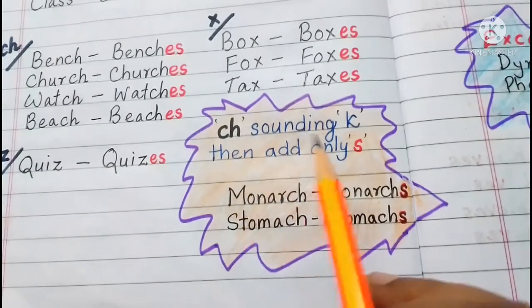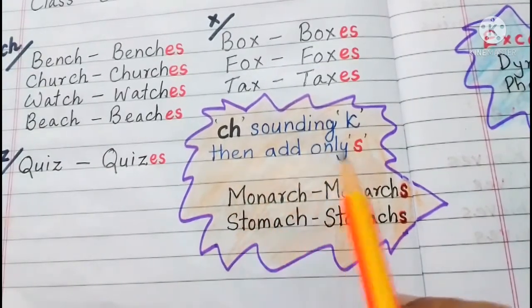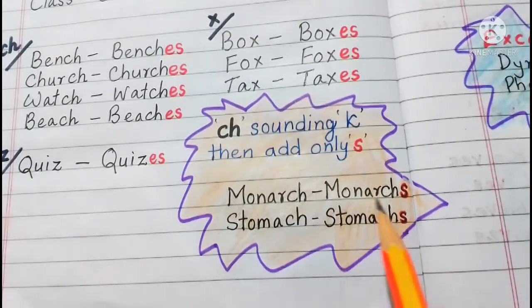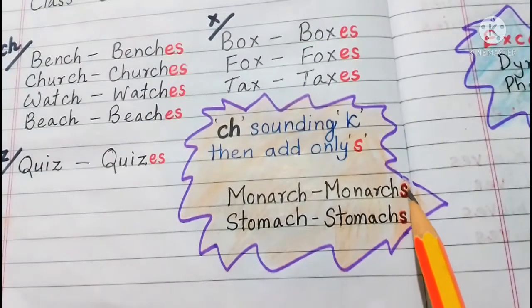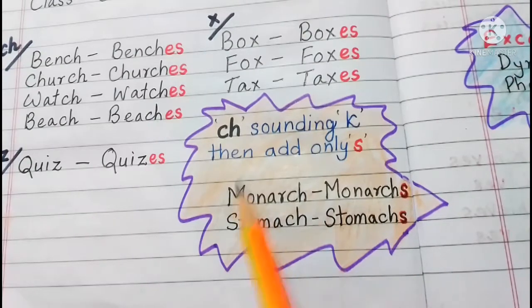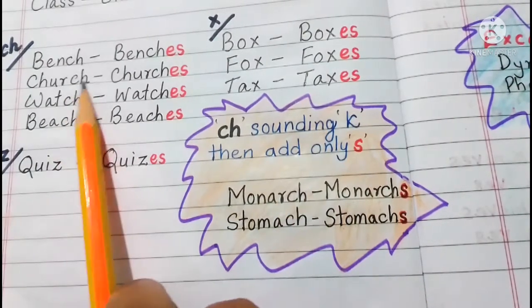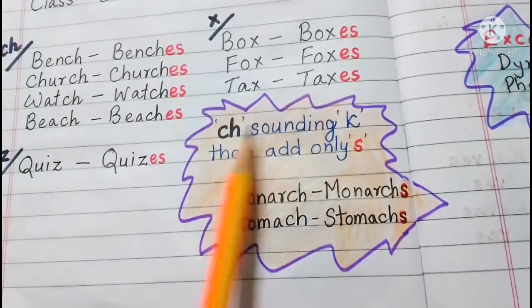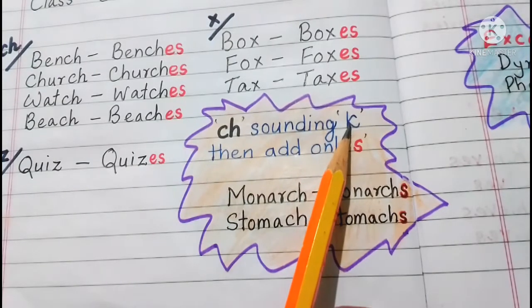When ch sounds like k, then add only s. Like we sound in monarch, stomach. So there is a k sound. Monarch will become monarchs. Just simply you add an s. With stomach you add s to make it plural. So monarchs is plural, stomachs is plural. This is an exception to that ch category. You cannot add es here, where ch is sounding as k, the hard sound of ch.